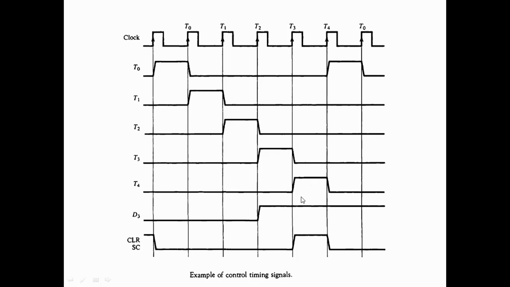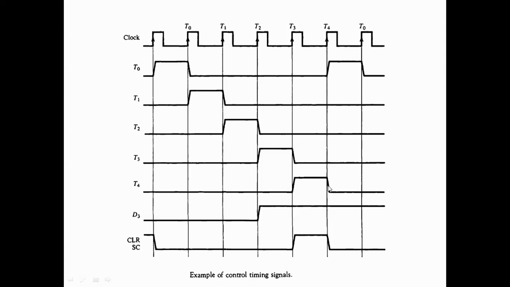So at D3 T4 the transfer from accumulator to memory will occur, and the same thing will reset the counter, because this transfer will occur and the instruction execution is complete. Now when D3 is active and T4 is active, transfer of contents from AC to memory will occur.